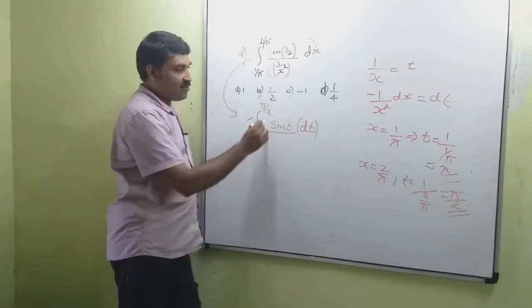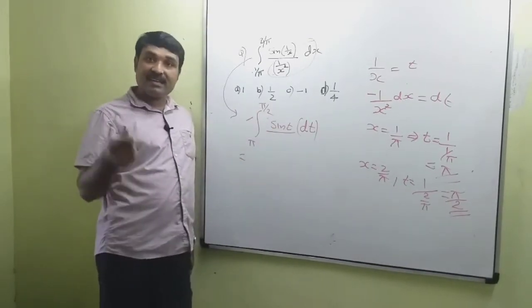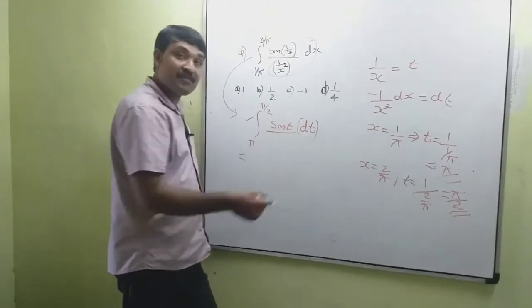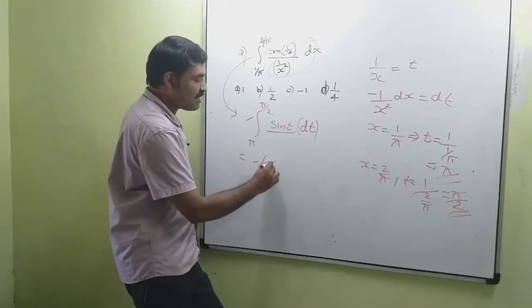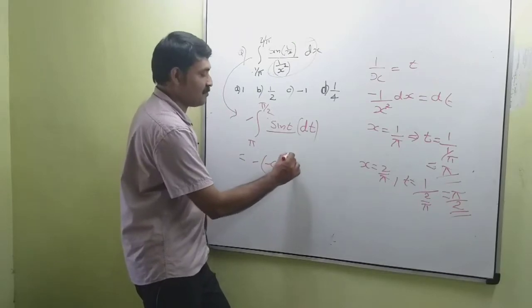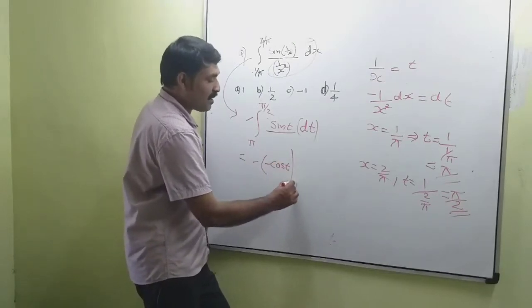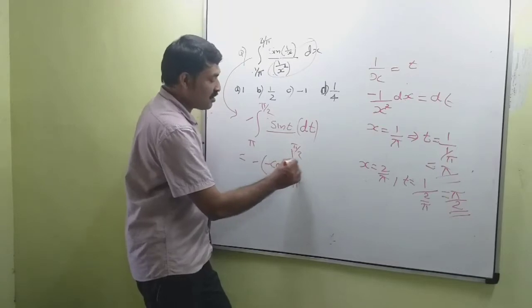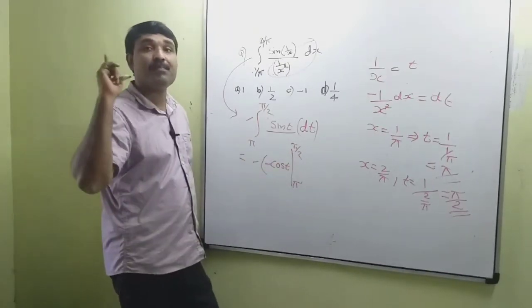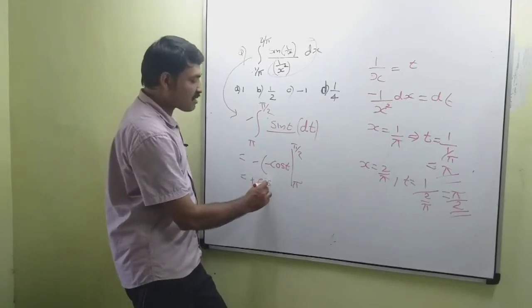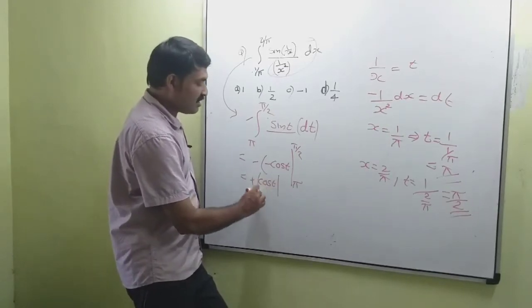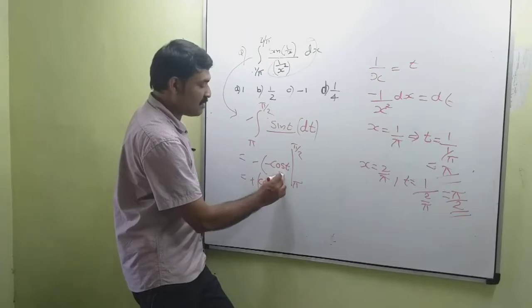So this is equal to integral of sine t. What is the integration of sine t with respect to t? That is minus cos t. So minus of minus cos t, with the limits of integration pi to pi by 2. Minus and minus become plus. So this is equal to plus cos t, with limits of integration pi to pi by 2.